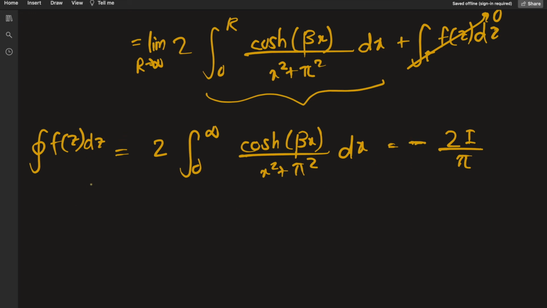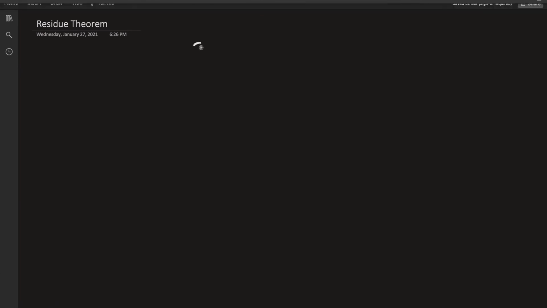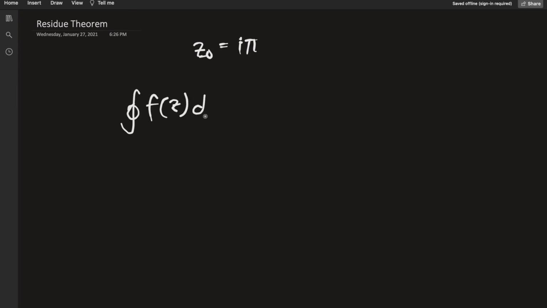Now for the residue theorem part. Okay, so the only pole is at i pi, and this pole is probably a very trivial one from our experience. So to calculate poles, we have contour integral f of z dz equals 2 pi i times the sum of residues.